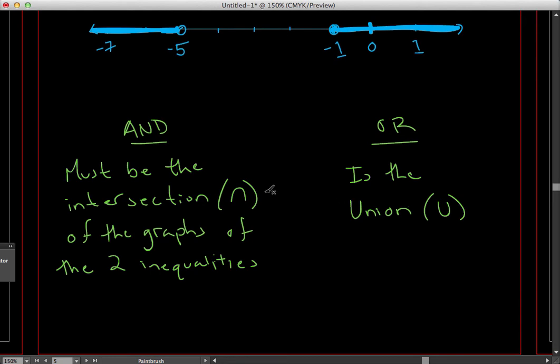It is the opposite of the intersection notation. Another thing you do not need to know, but just out of interest, is the union of the graphs of the two inequalities.